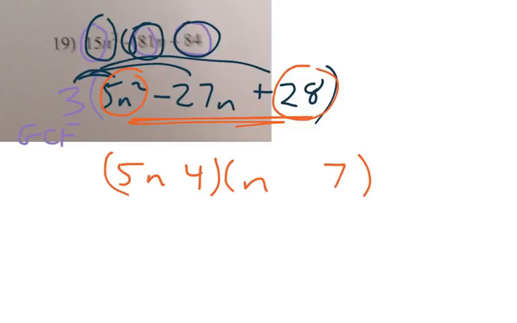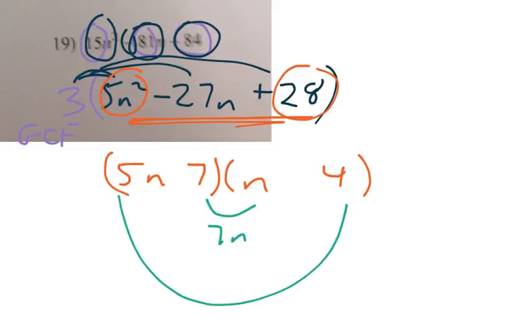So instead of 4 times 7, let's try 7 times 4. Alright, let's see what we get this time. We get a 7n in the middle now. And 4 times 5 is 20n. Can I get a minus 27 with 20 and 7?